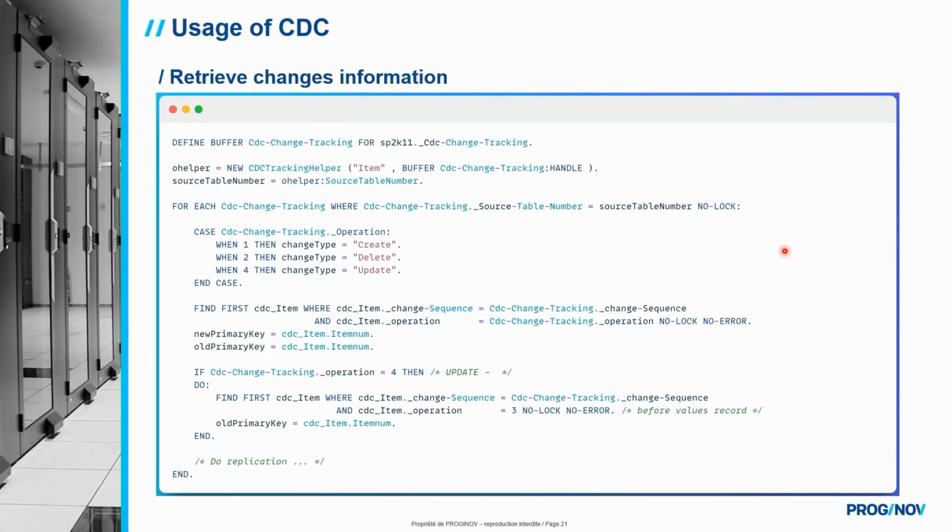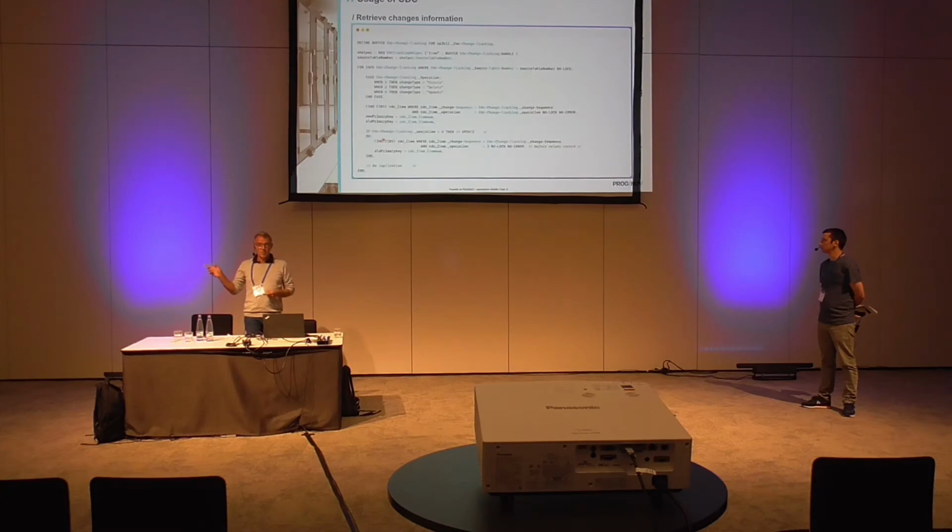So now our source code is something like this. Based on the CDC change tracking, we are looking at the change type: create, delete, or update. Find its CDC table, find the first record there, and the new and the old primary key. Find the record in the other DB, and do the update that we have to do.